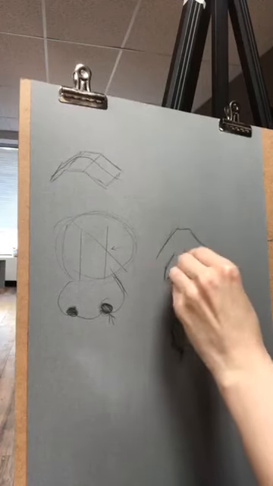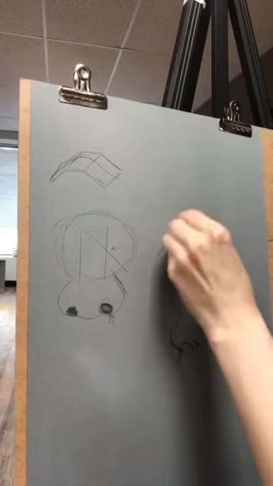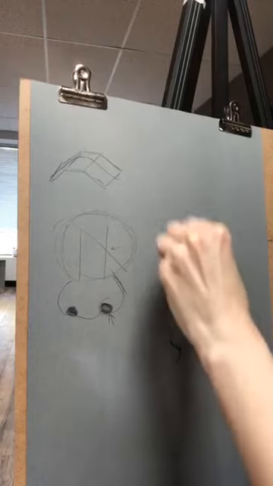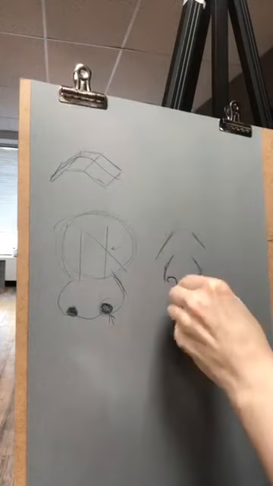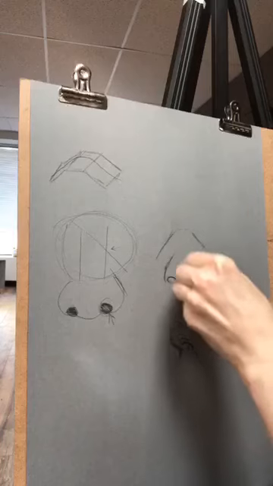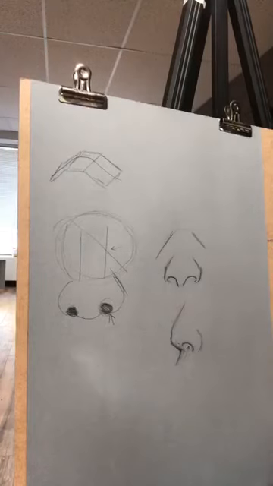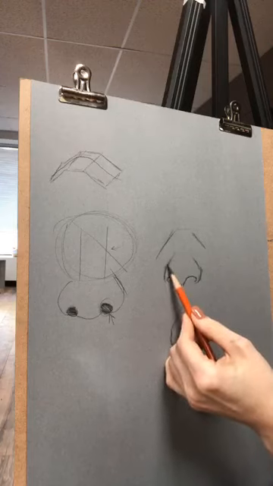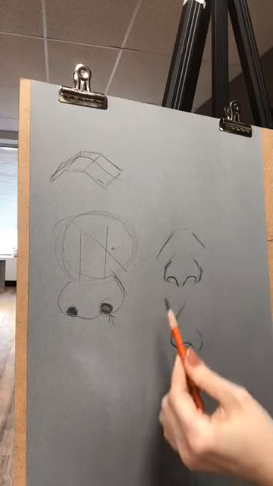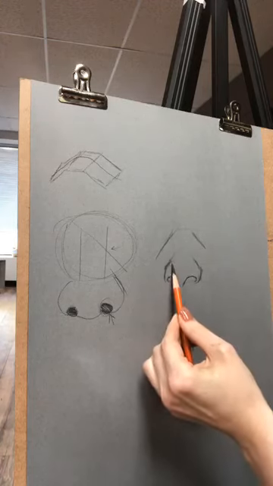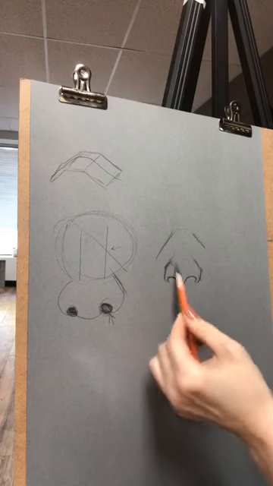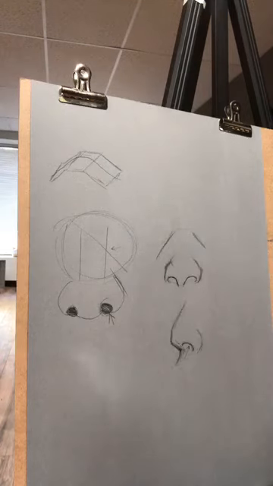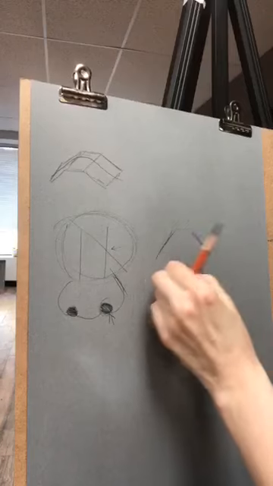So I'm just going to do a little bit of erasing here. Now, sometimes on these kind of outside wings of the nose, I don't put too much information. I find you can go overboard with the idea of there being kind of a hook or something like that. So I usually keep it pretty simple.